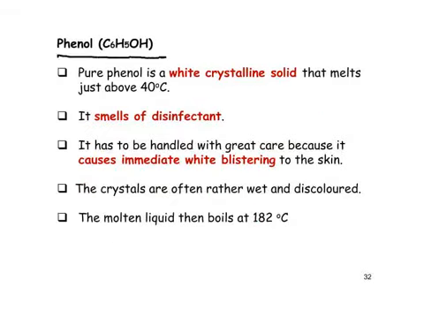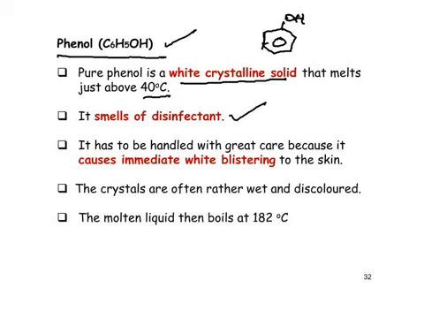A little bit on phenol then. Phenol, remember, looks like that, or can be represented as C6H5OH. Pure phenol is a white crystalline solid that melts just above 40 degrees centigrade. It smells like disinfectant.